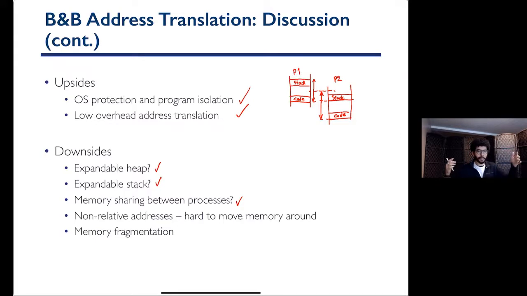So you're going to be mismatching different regions. You're going to match the code of P1 to a stack of P2, for example, which is not what you want. So sharing, although technically you could have overlapping regions, is not going to be a helpful thing for processes to share memory because there's a mismatch.